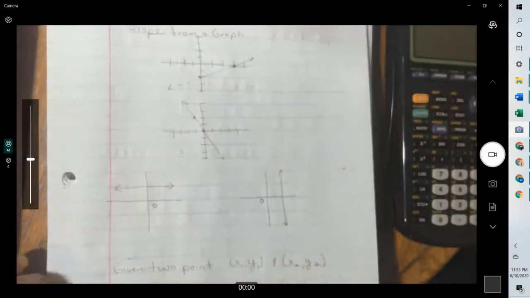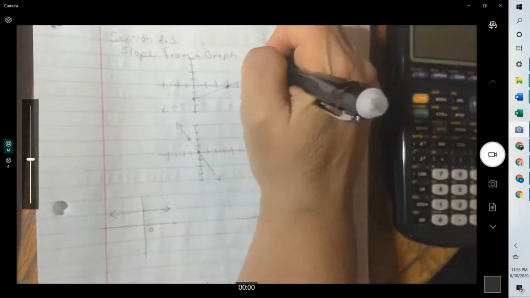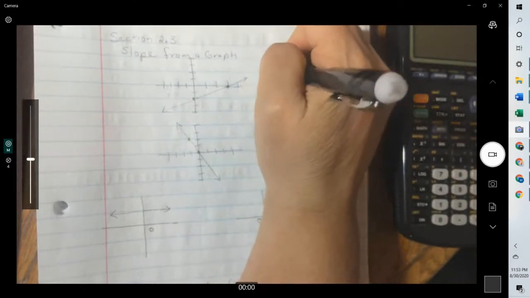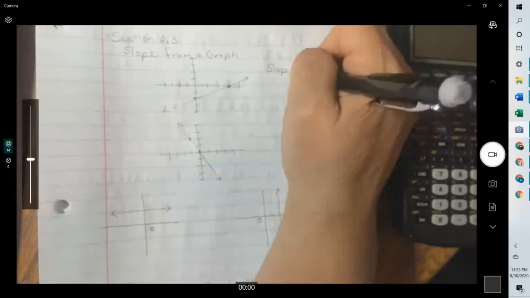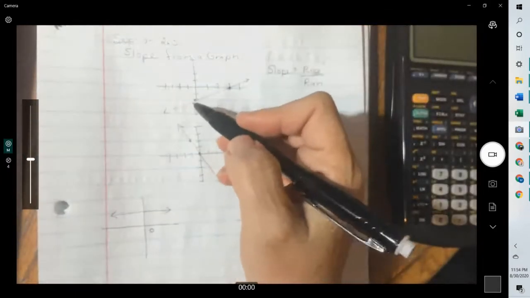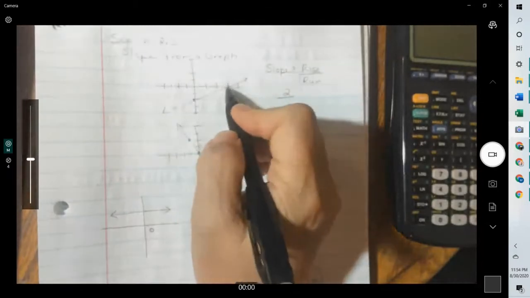So you want to find each of your slopes. When we're given a graph, we can also find the slope, because remember I told you slope was rise over run. And if we always start at your leftmost point, we have to go up 2 and over 1, 2, 3.